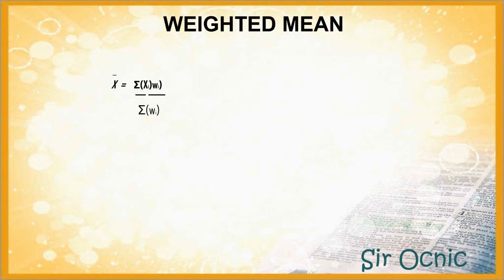Now to get the weighted mean, that will be summation of the products divided by the total number of units. So that is equal to 32, which is the sum of the products of the grades and the units, divided by the total number of units, which is equal to 26. So that's 32 divided by 26, which is equal to 1.23.